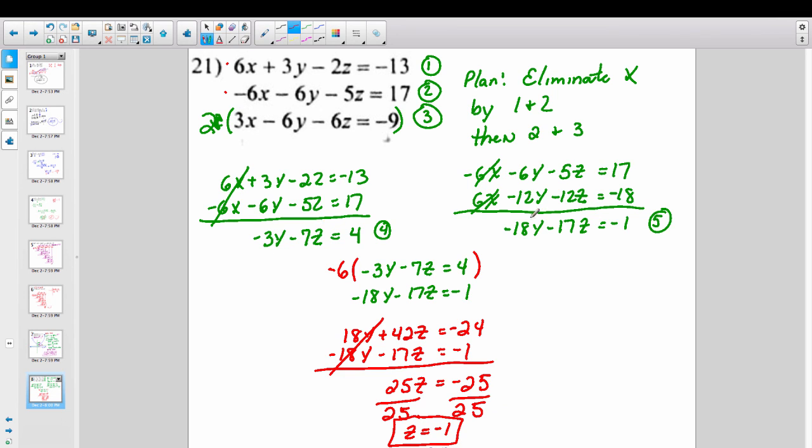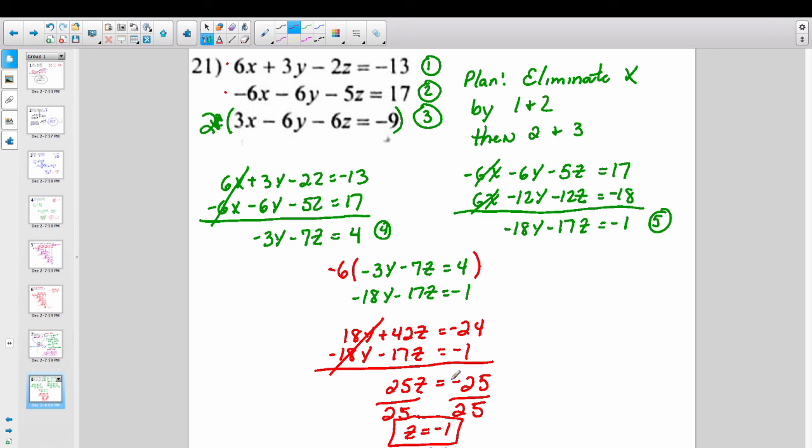They both had y's and z's in them, but no more x's. So then we set up a new system of equations that just had these y's and z's, and we said, okay, which letter would be easy to get rid of? So I picked the y's because all you had to do was multiply by negative 6 to the top, and that would cause the y's to disappear. And if all you're left with is one letter, like 25z equals negative 25, you can solve for that letter, and that's what we did. We got z equals negative 1.